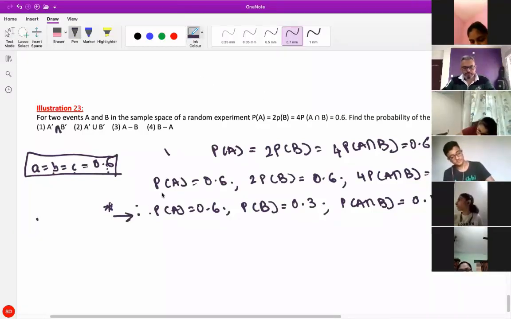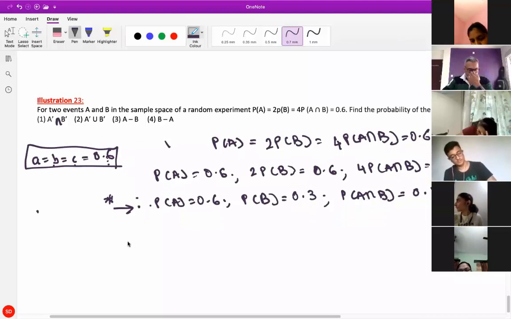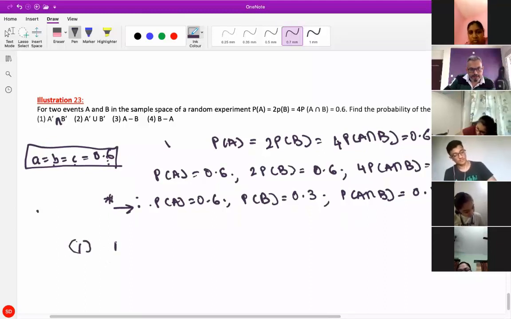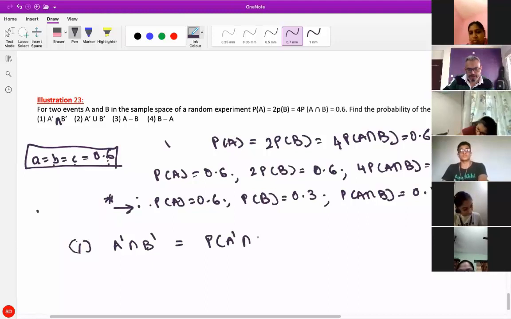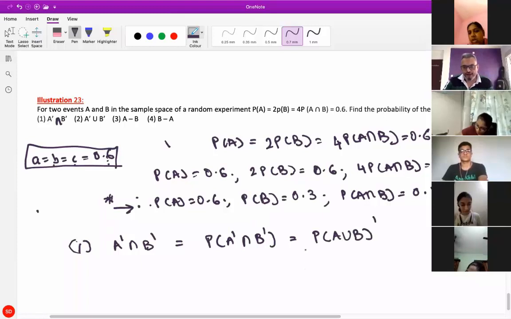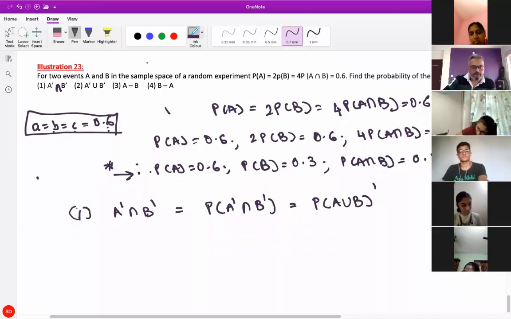Now, first we have to find A complement intersection B complement. This is equal to the probability of (A union B) complement. Let's check how we are getting this. Let me draw a Venn diagram.